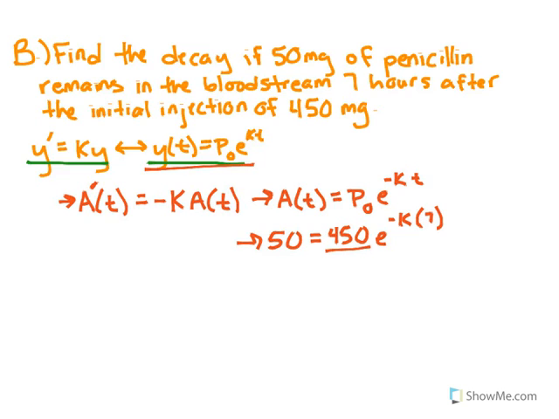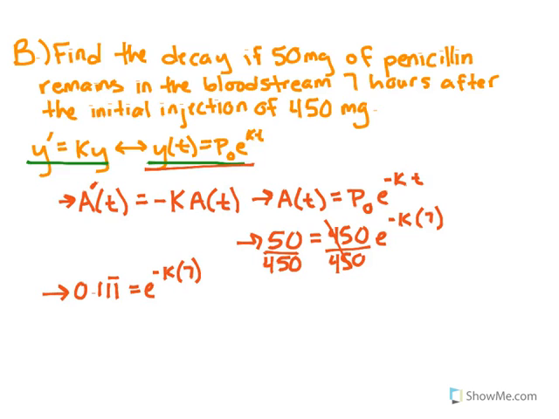So the first thing is we're going to divide both sides by the coefficient of e, which is 450. That's going to cancel. So 50 over 450 is 0.1 repeating, and it's going to be equal to e to the negative k times 7.